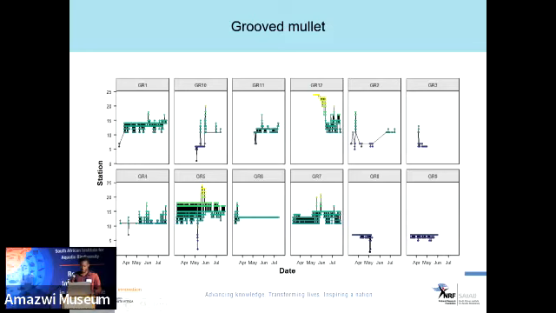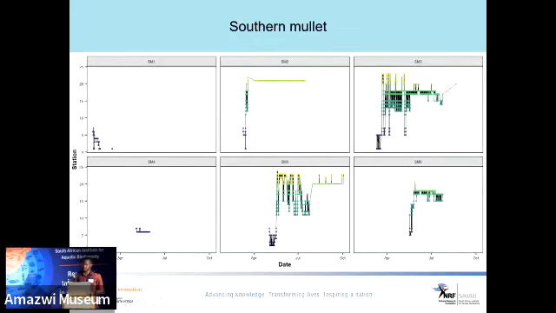With the grooved mullet, most of them are restricted to the middle reaches of the estuary, with a few individuals going up and down as well. And lastly, the southern mullet prefers mostly the upper reaches of the estuary, with a few individuals also going down.